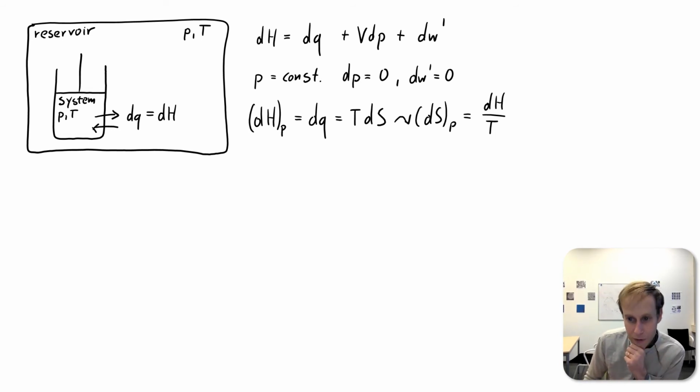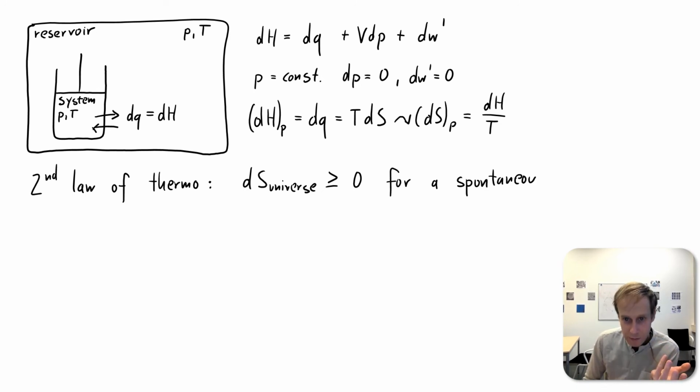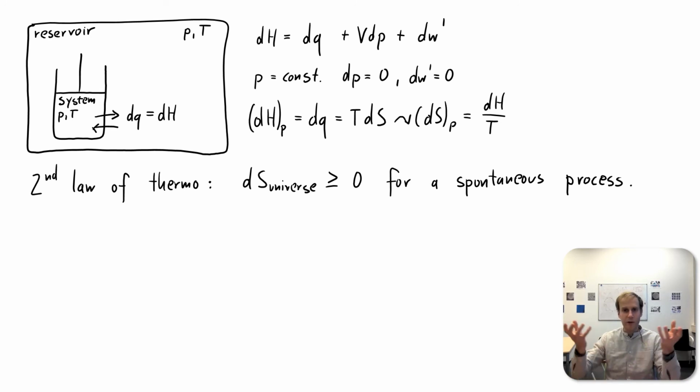Let's first take a look at the second law of thermodynamics. That law states that for a spontaneous process, the entropy change of the universe will always be larger than 0. Well, that's a fundamental fact. Any spontaneous process that happens comes with an increase of the entropy.